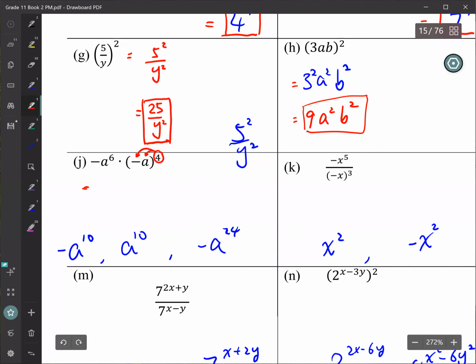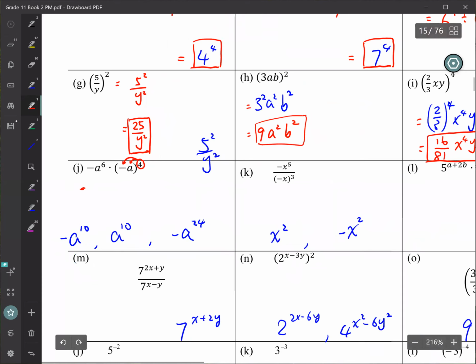So negative A to the 6 stays, and then negative to the 4, that means you have negative times negative times negative times negative. 4 negatives makes it positive, so no more negative, and then A to the 4.